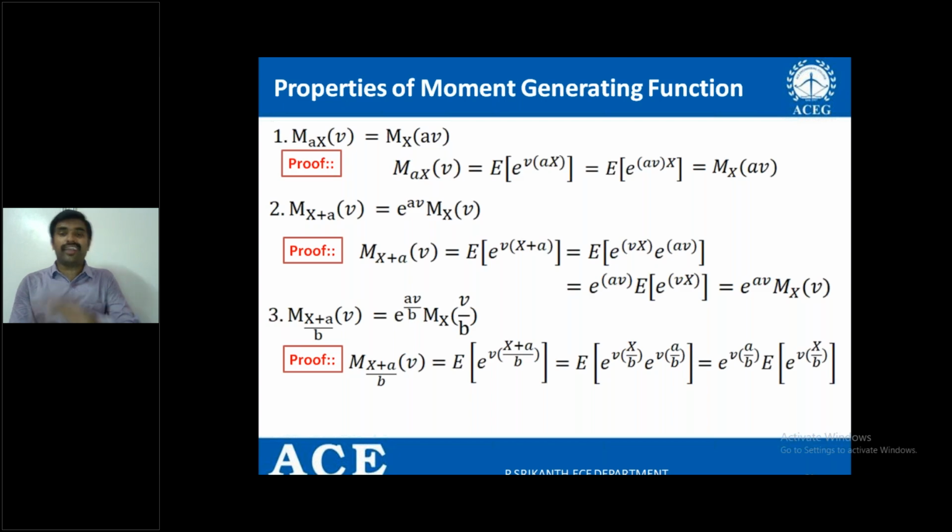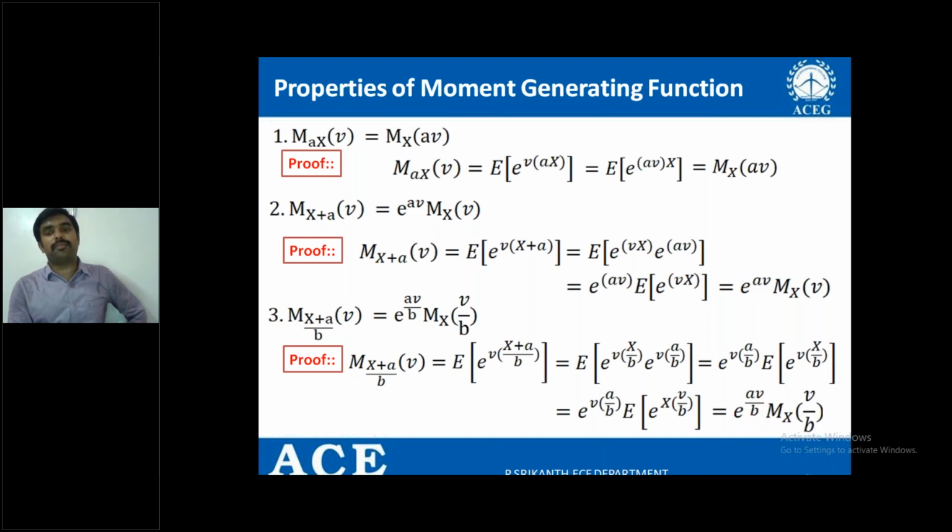Here, if I take e power v into a by b outside the expectation, as it is independent of x, ultimately the expectation becomes E of e power v into x by b, right? So I can also write it as e power v into a by b into the expectation of e power x into v by b, just rearranging the terms. So now, how can I write this? e power av by b into mx of v by b.